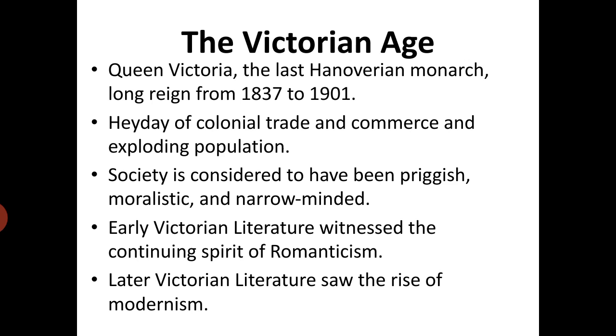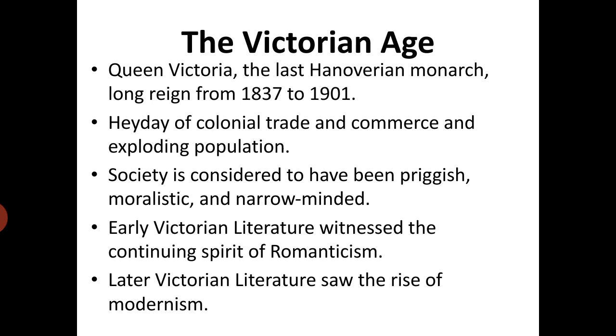Introduction of the Victorian age. The Victorian age was one of the most important periods in the history of English literature. Queen Victoria, the last Hanoverian monarch, reigned from 1837 to 1901, and English society had a rich colonial trade and commerce and an exploding population.